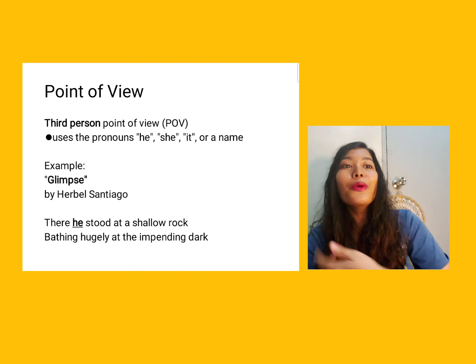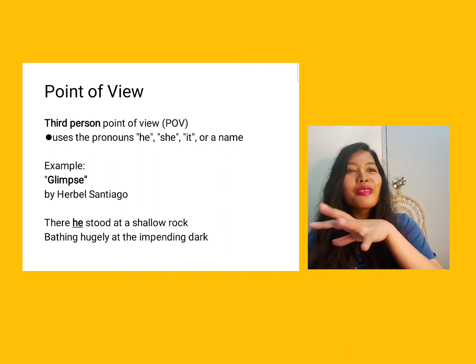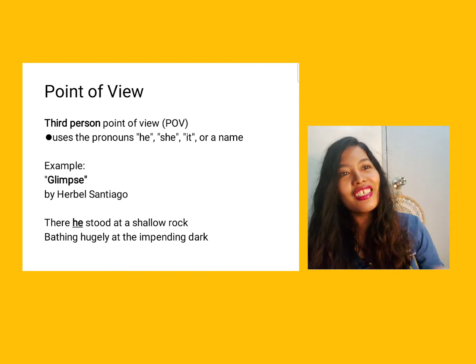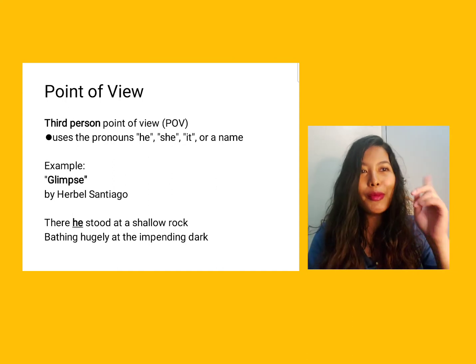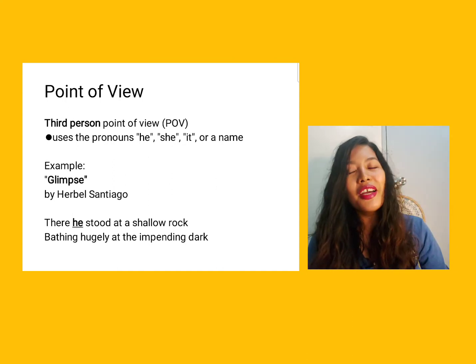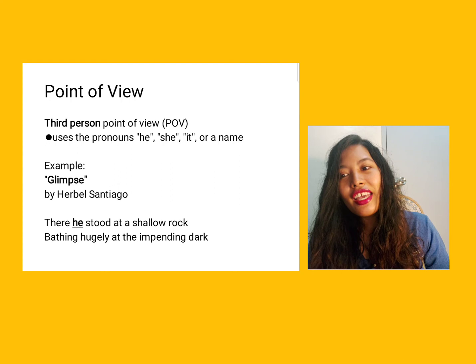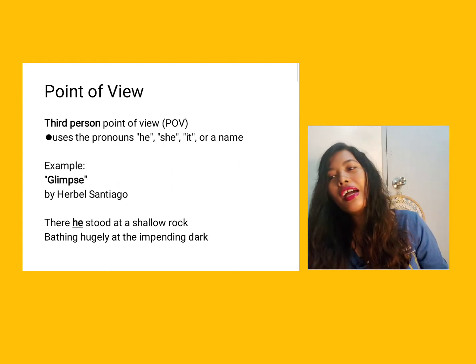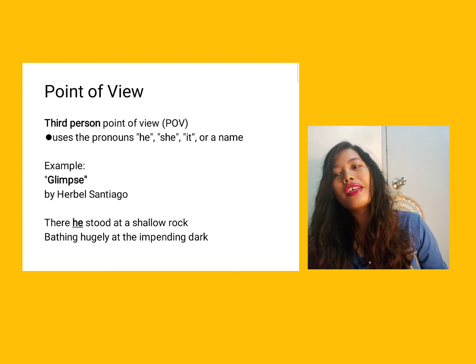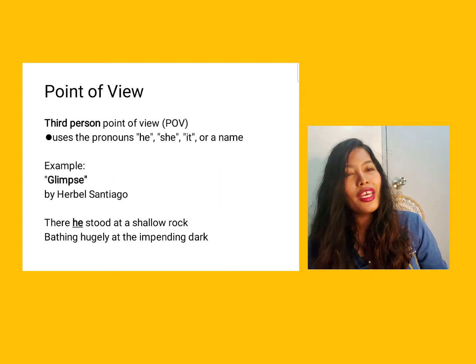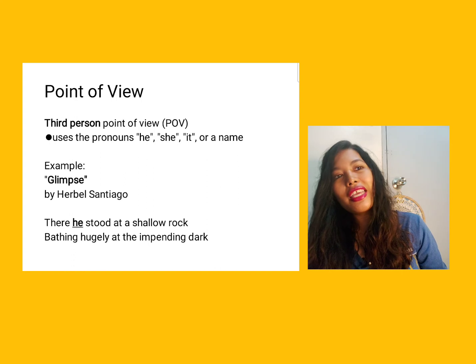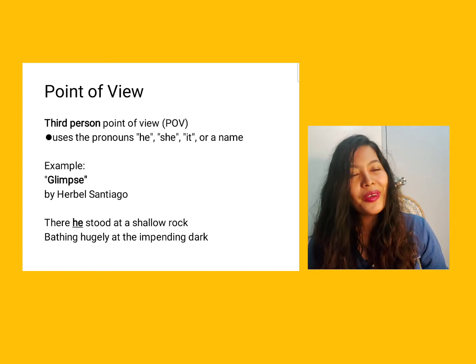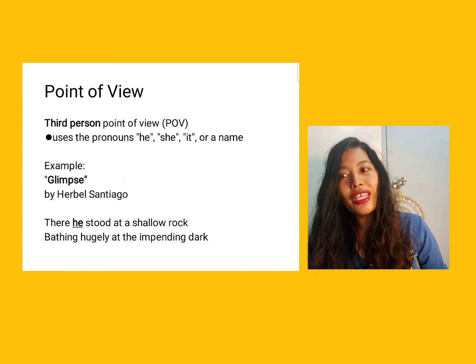If you want to know what this glimpse is, I'm going to link the complete poetry up above, so please visit that. What's really amazing in using the third person point of view is the poet or the persona is taking an observer point of view.